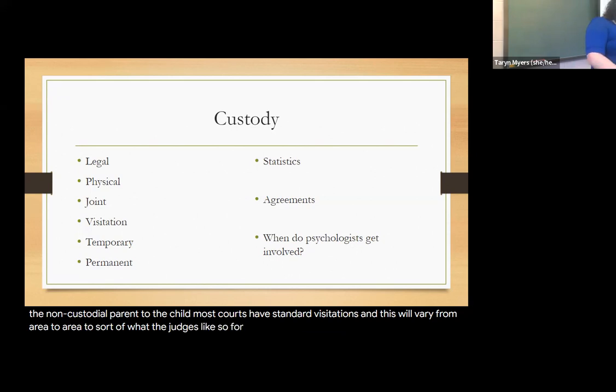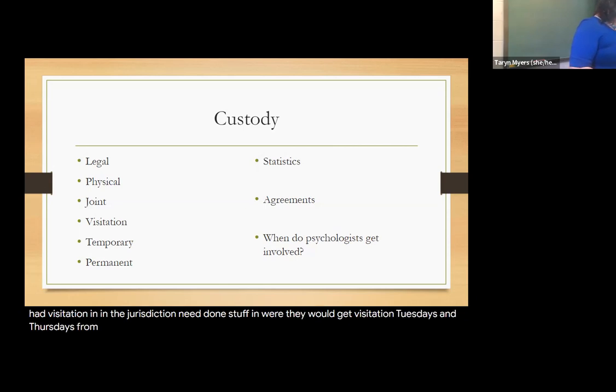So for example, Jack told us that people who had visitation in the jurisdiction he'd done stuff in would get visitation Tuesdays and Thursdays from 6 to 9 p.m. and then every other weekend from 6 p.m. Friday to 6 p.m. Sunday. So that's an example of visitation rights.